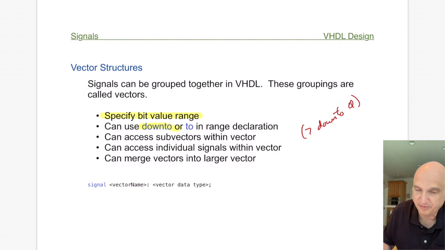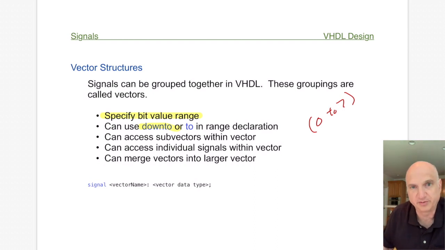And so the bit on the far left would be number 7, the bit on the far right would be number 0. And so I've basically numbered those bits that way. It is allowed, and it is part of the standard, to declare the other way too. You can declare 0 to 7. So you can start low and then work your way high.